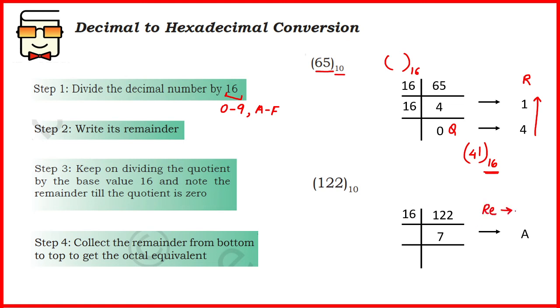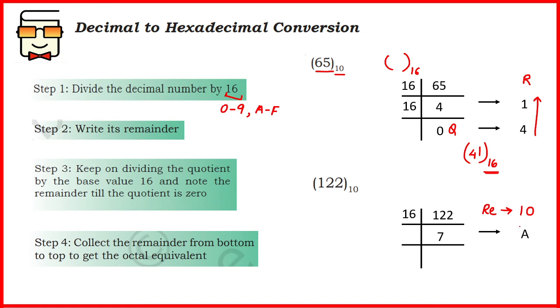In case of hexadecimal, there is a little trick: if you get remainders from 10 to 15, you will never get a remainder greater than 15 because you are dividing by 16. If you get the remainder 0 to 9, you can directly write the digits 0 to 9 here.